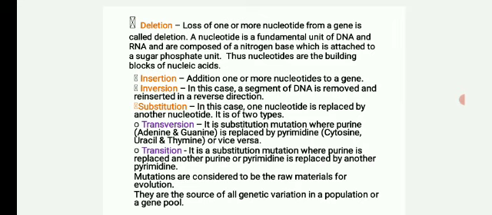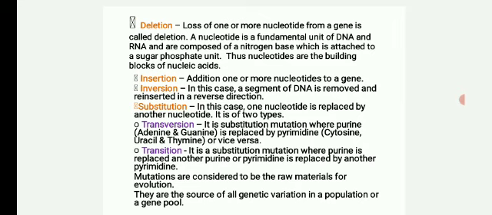It is a substitution mutation where purine is replaced by pyrimidine and pyrimidine is replaced by purine. Adenine and guanine are called purines. Cytosine, uracil and thymine are called pyrimidines. Number B, transition. It is a substitution mutation where purine is replaced by another purine or pyrimidine is replaced by another pyrimidine.